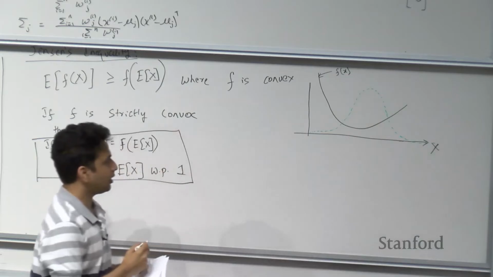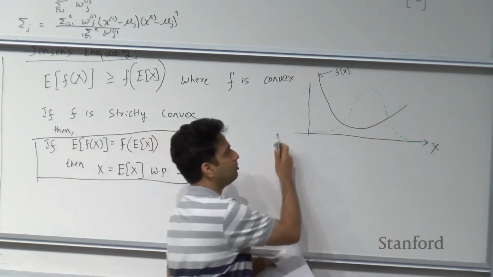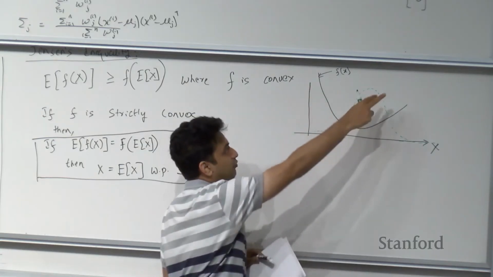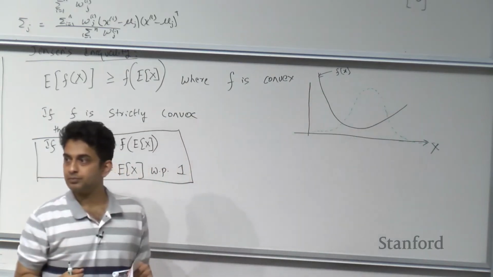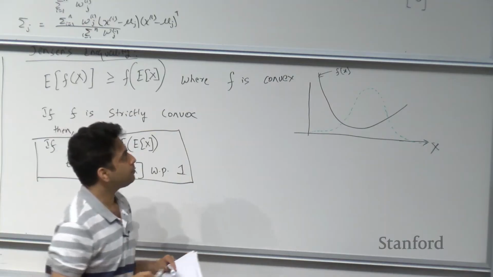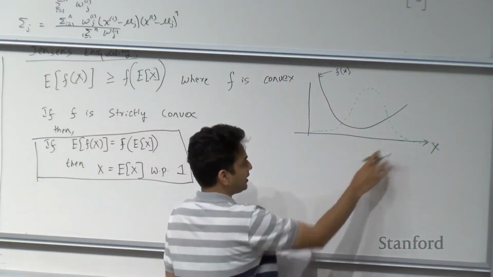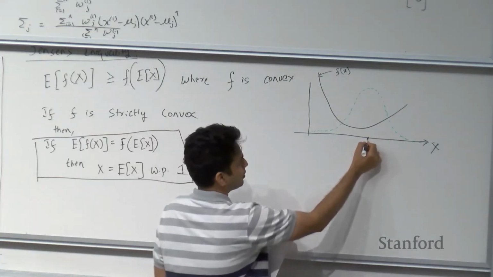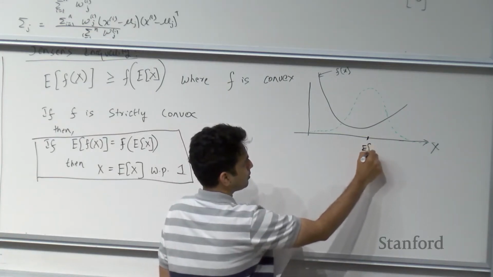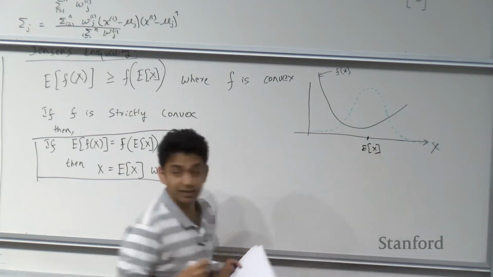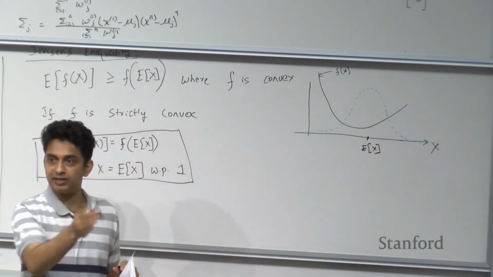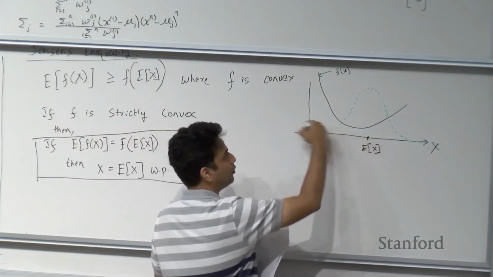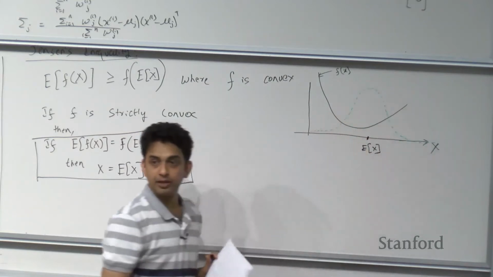So the green dotted line represents the probability density of the random variable x, and f is some function of x. Now, expectation of x would be somewhere here. So let's call this expectation of x. Think of it as the mu if this is a Gaussian. That's the expectation of the random variable.